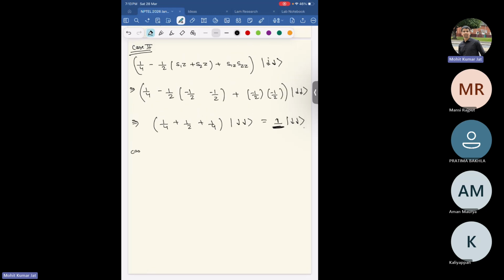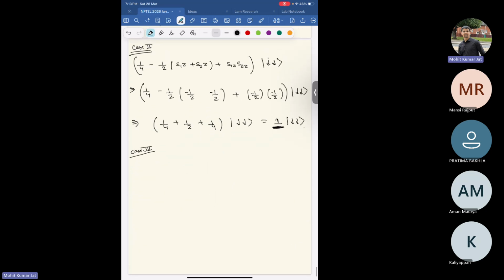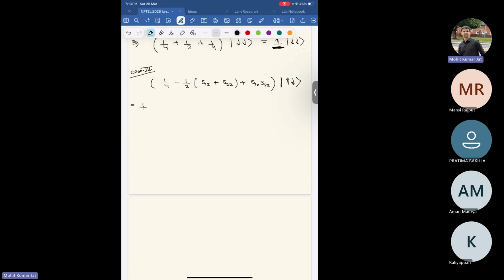Similarly, case 3. In that one, we'll operate on up down. 1/4 minus 1/2 (S1z plus S2z) plus S1z S2z operating on up and down. So that gives you 1/4 minus 1/2.